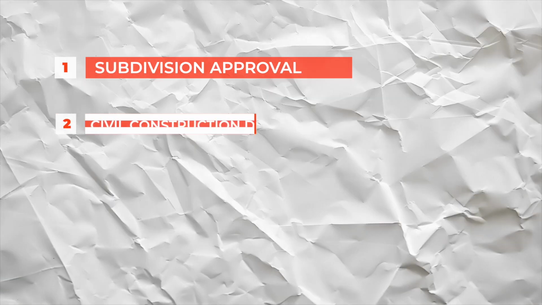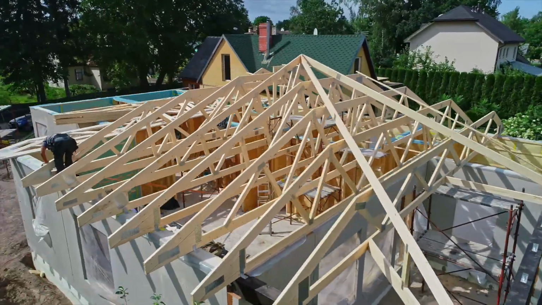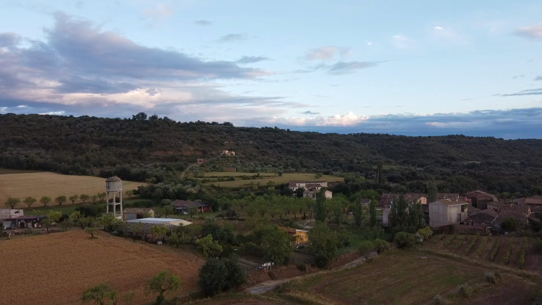If we're talking about a large plat, that would be getting a subdivision approval, the civil construction drawing approval, and the final approval. If we're talking about building a home on a single lot in a rural area, that would be getting the land disturbing activities approval, getting the clearing and grading approval, figuring out all the utilities, and then going for my permit. So that land development approval is its own approval before the permit.